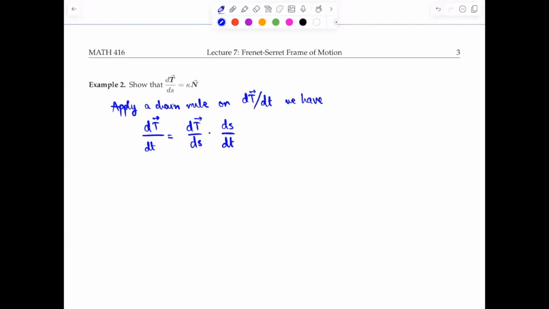So this is just the regular multiplication. Now I'm rearranging these equations to solve for dT/ds. So dT/ds is equal to dT/dt divided by ds/dt.